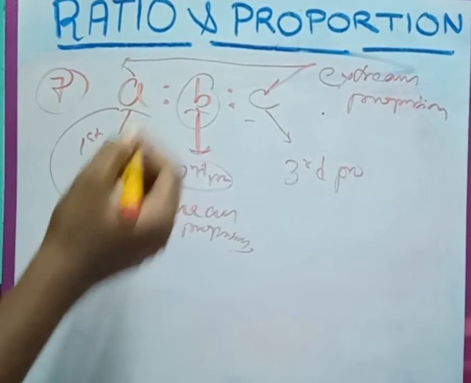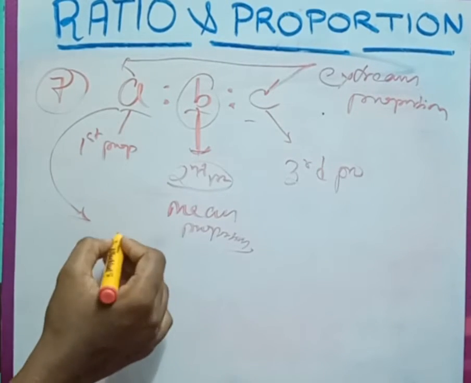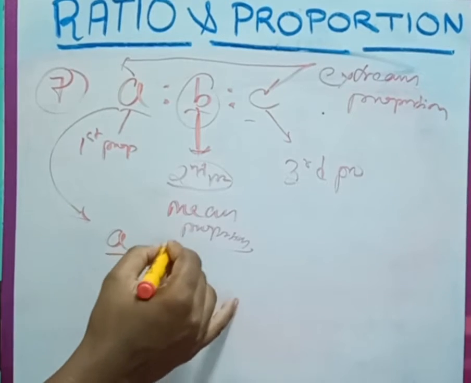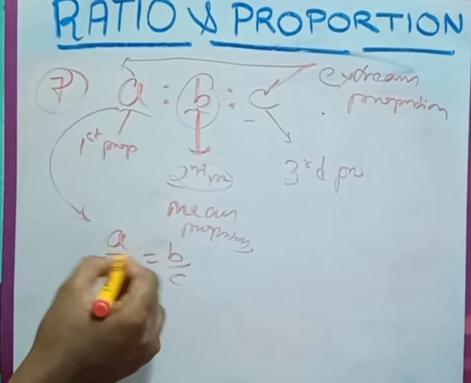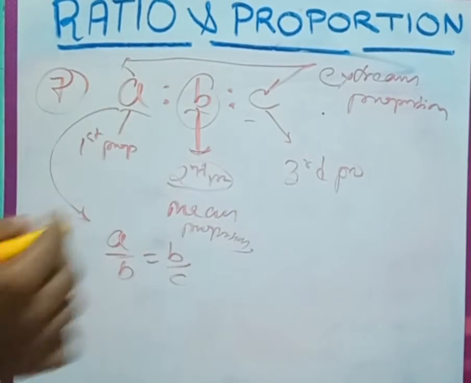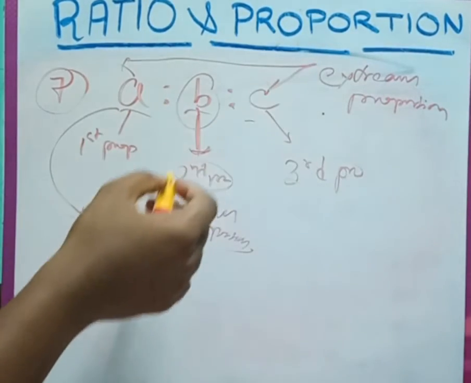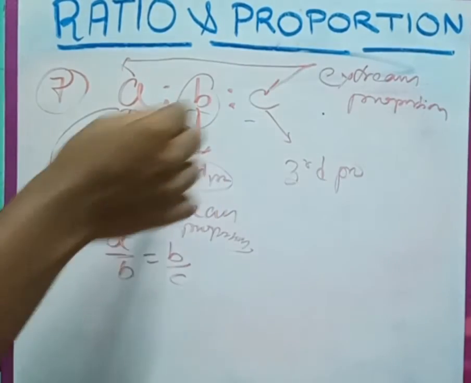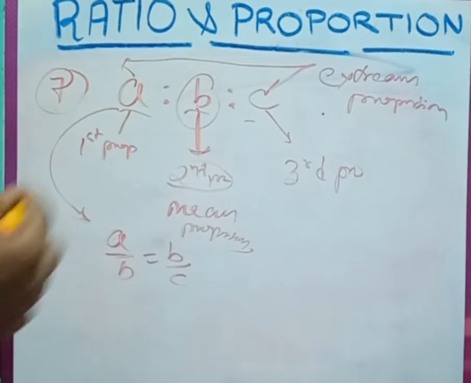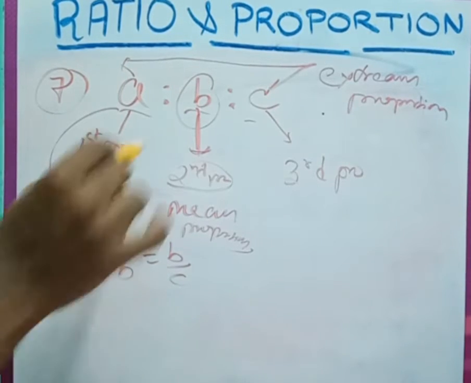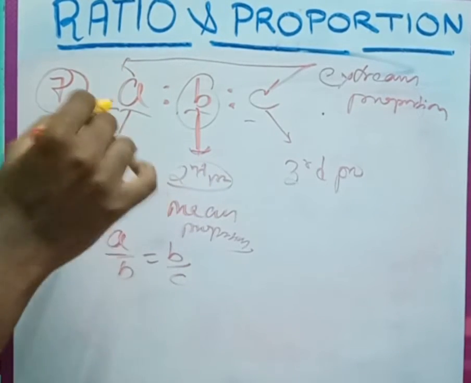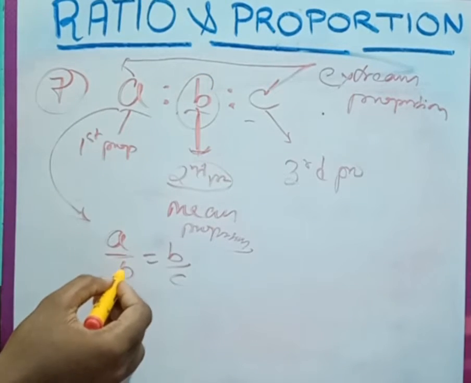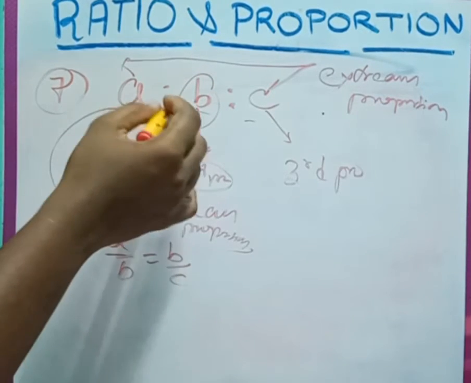And related to this, I'm going to show you how to solve it. You can write this as A by B equals B by C. Let me show why these two are called extreme proportion and why this is called mean proportion. When you break it down, you get A by B is equal to B by C. A is to B is to C is nothing but A by B equal to B by C; we just wrote it in terms of ratio.